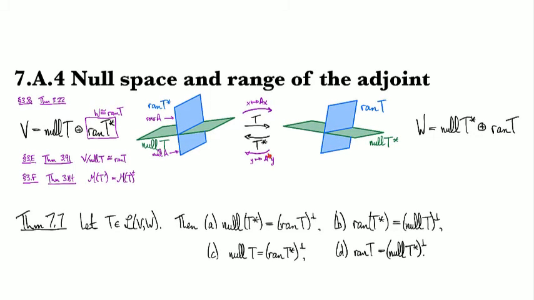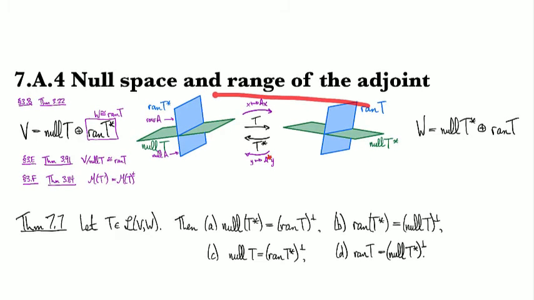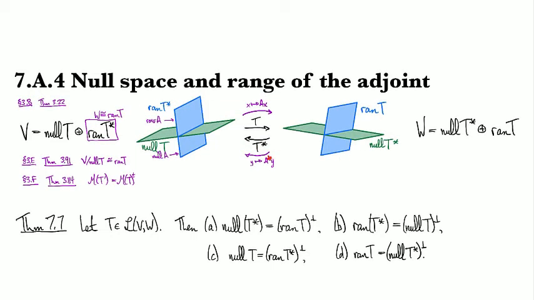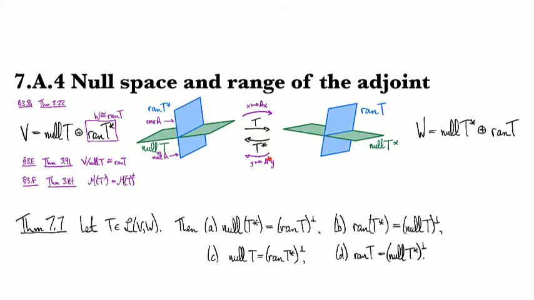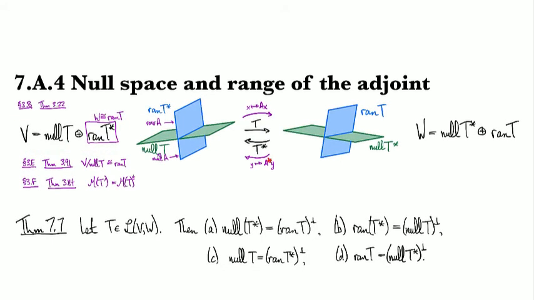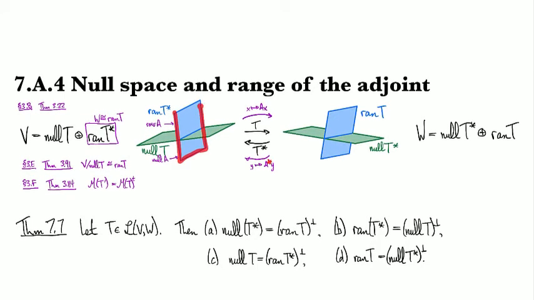But the upshot of all of this is that now we can discuss this picture right here while properly labeling all of the pieces. The breakdown of V on the one side, this orthogonal decomposition of V, is the null space of T with the direct sum of this part right here.